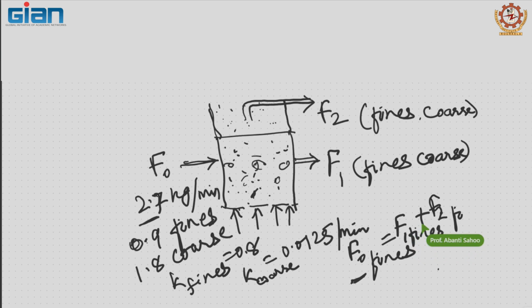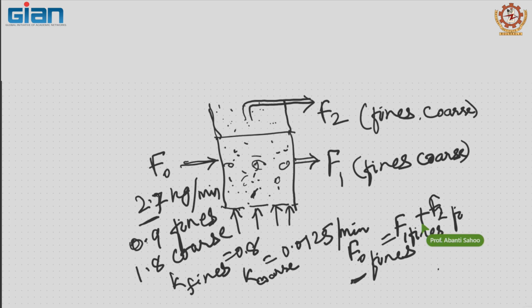Whatever coarse particles are in the feed are distributed in F1 and F2, and similarly whatever fines are in the feed stream F0 are distributed in F1 and F2. F1 is the overflow solids, the product which we are collecting. F2 we are not collecting; it is automatically going out. If required, we may provide a cyclone separator to separate that, but F1 is the overflow that we are collecting.